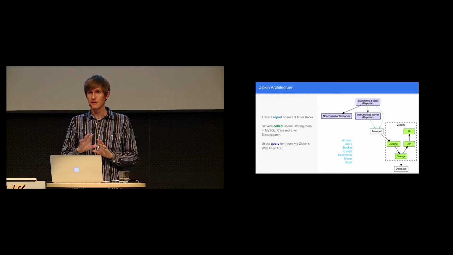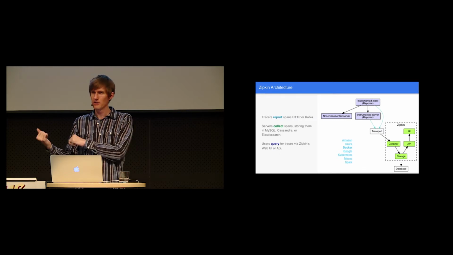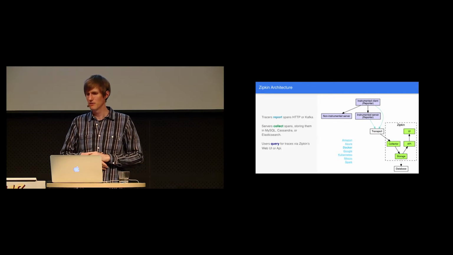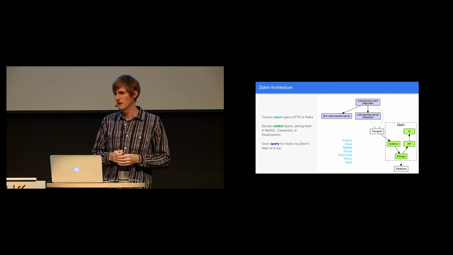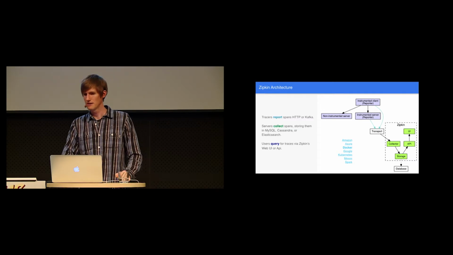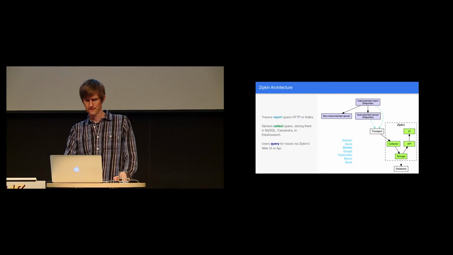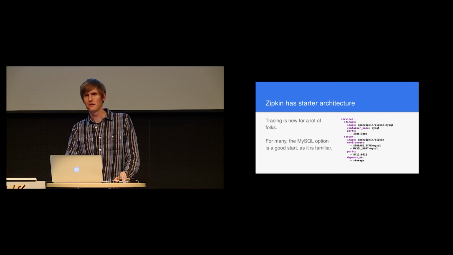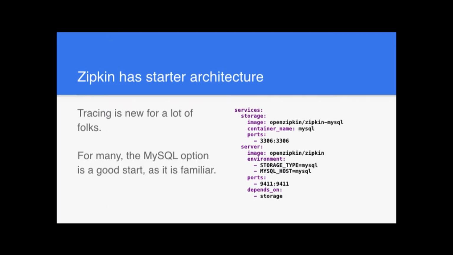Anyway, these apps collect data and eventually send it onto some transport, by default HTTP, but it can also use Kafka and other things, and eventually it gets into Zipkin, which is a fairly simple architecture. It just stores and indexes things, and then it has a UI you can read. Originally it was tough to install, and then we took the bull by the horns on that, so it can run as just a jar file.